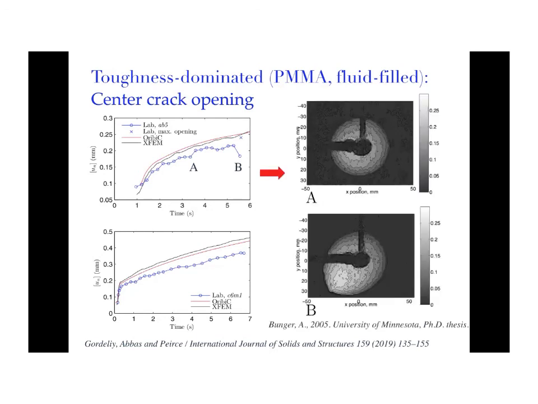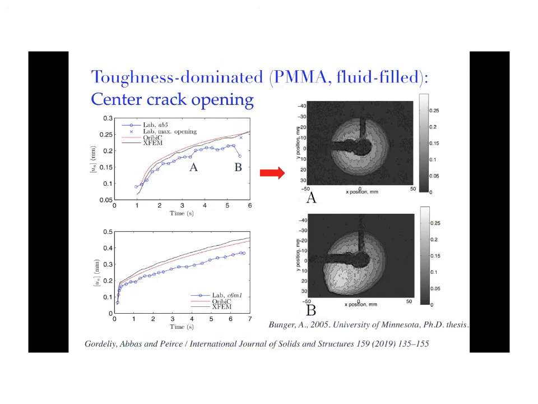We look at this picture on the right, which is from the experiment by Andrei from his PhD thesis. These are 2 snapshots, point A and point B in the top test. Point A corresponds to a time of about 3.5 seconds, and point B corresponds to 5.6 seconds.